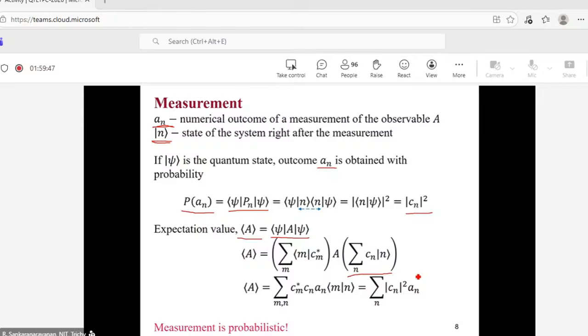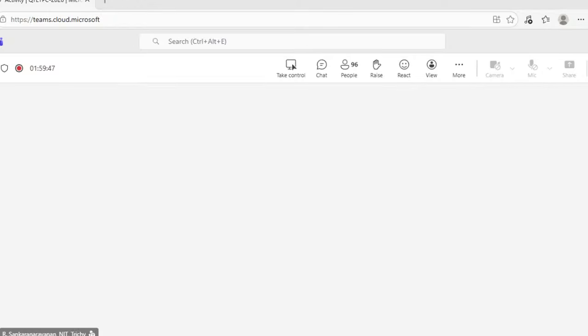Sum over n, Cn |n>, and A is sitting here, and this is the complex conjugate of psi. This is the ket psi, and this one is the bra, sum over m, Cm star <m|. The term within the first bracket is the complex conjugate of the term within the second bracket.